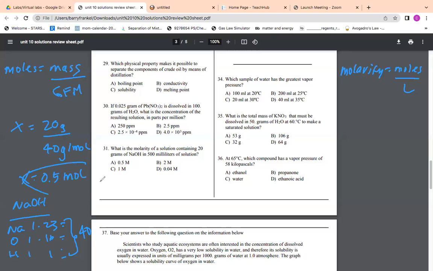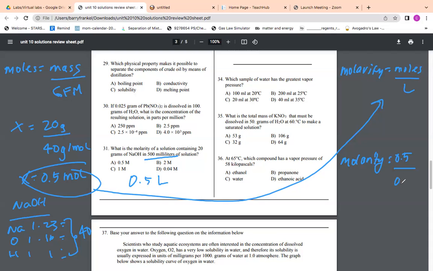So now I can plug this in. Our molarity is 0.5 moles over liters. This is milliliters. To go from milliliters to liters, you have to divide by 1,000. So that would also give us 0.5 liters. 0.5 divided by 0.5, our molarity is just 1 molar. So we're going to go with choice C.